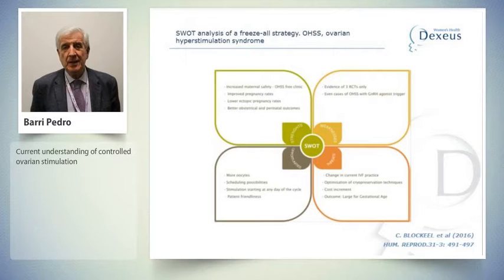The weakness is the evidence: there are only 3 randomized controlled trials proving the benefits of this strategy, and some cases of ovarian hyperstimulation have been published even with this GnRH agonist trigger. The threat is that there is a change in our current practice in IVF.